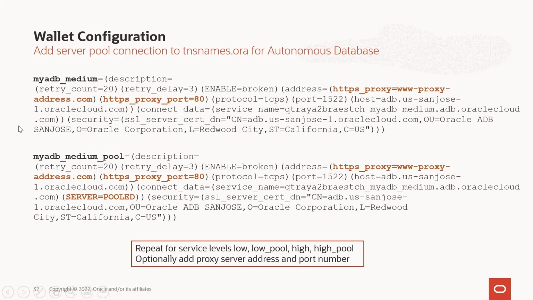In this example, I've also added proxy information to show you how to do that if you're behind a firewall. You will essentially copy the medium TNS entry and just add server equals pooled to the connect data parameter. And then, of course, you can repeat this for all of the service levels that you'd like to use: low, low pool, high, and high pool.